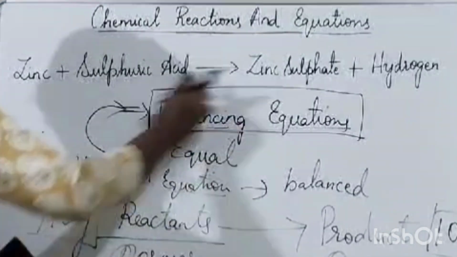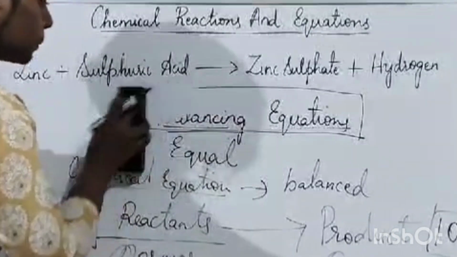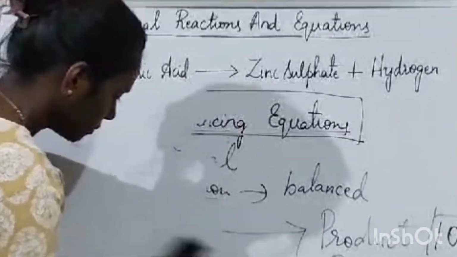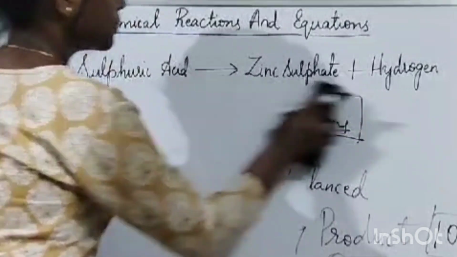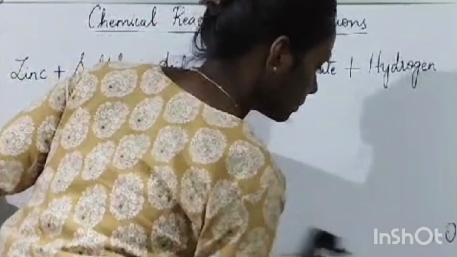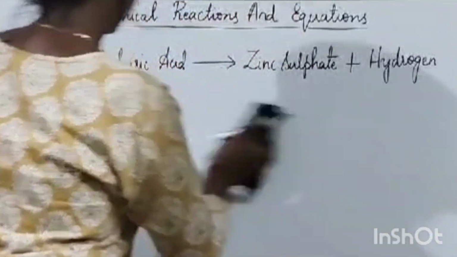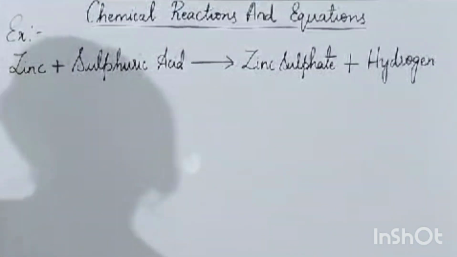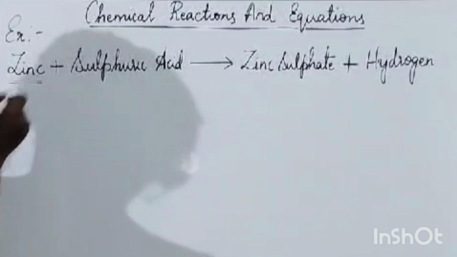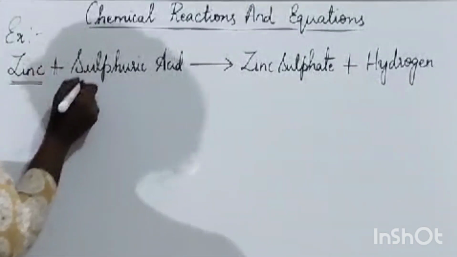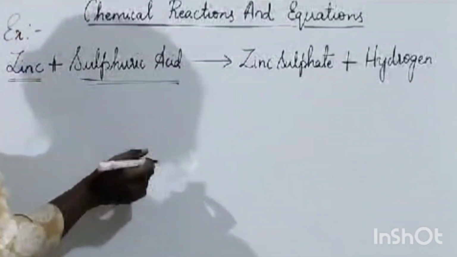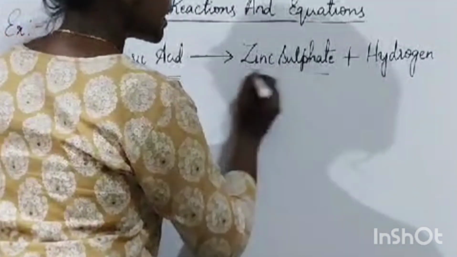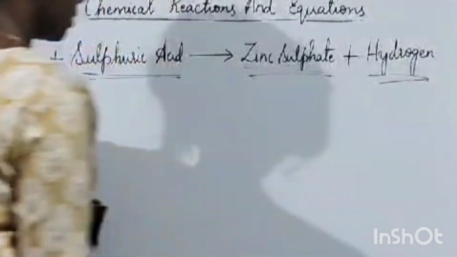So let us take an example for balancing the equation. Zinc is reacting with sulfuric acid in order to give zinc sulfate and hydrogen.